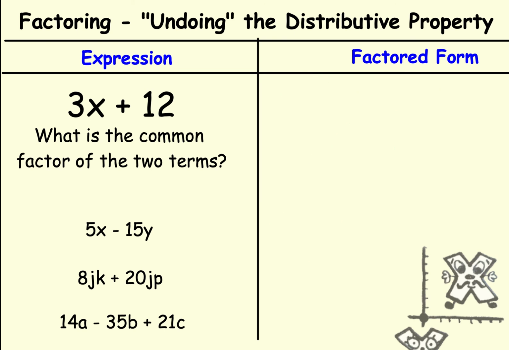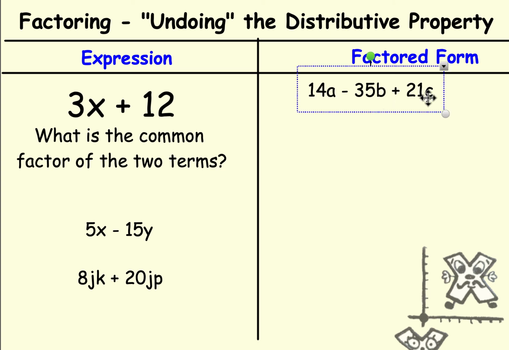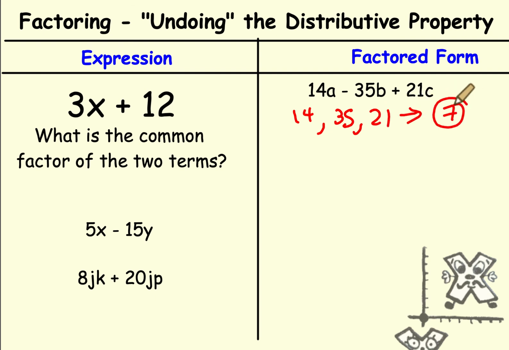Okay, and here's our third one. So we have 14 times a plus 35 times b plus 21 times c. Now, do they have anything in common in terms of the variable? No. So what's the GCF of 14, 35, and 21? They're all multiples of 7. So 7 times what number makes 14? 2.